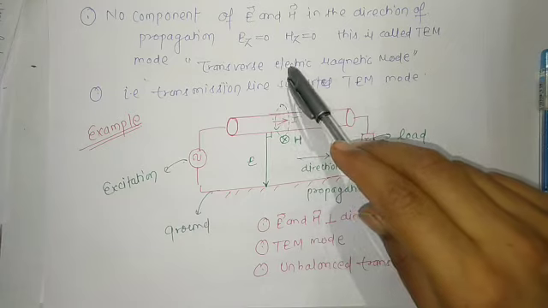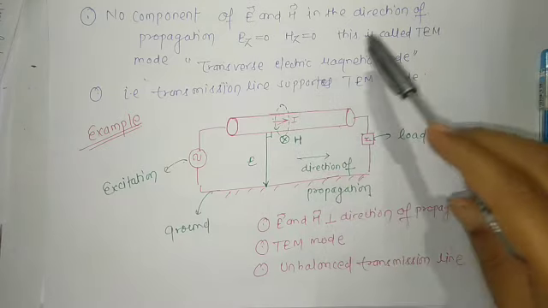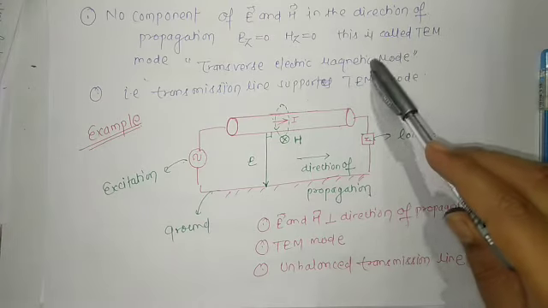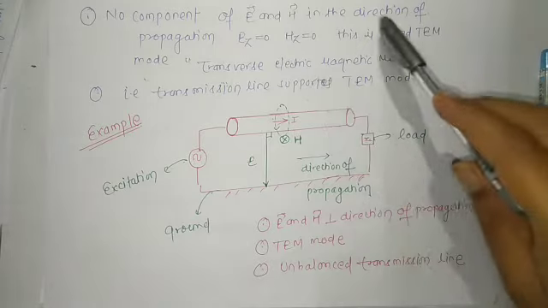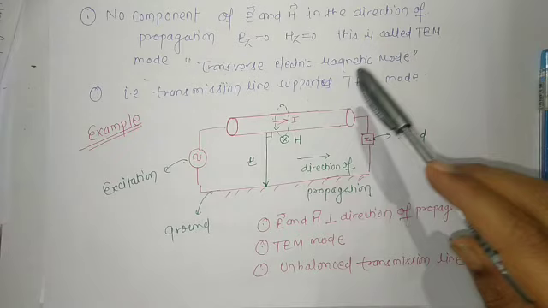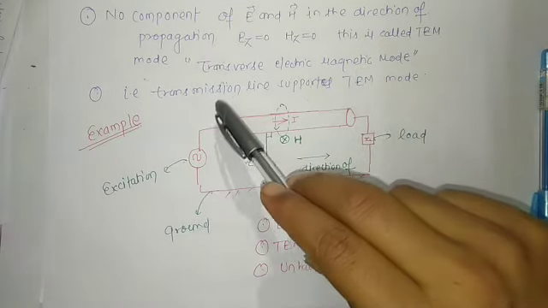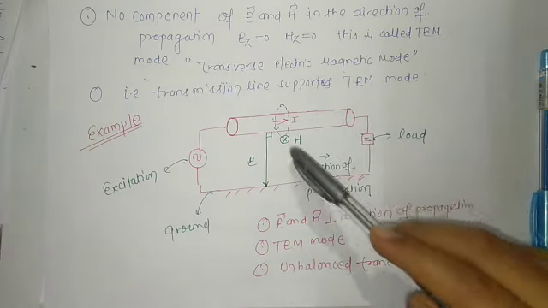Transverse electric means the electric field is perpendicular to the direction of propagation. The magnetic field is also perpendicular to the direction of propagation. So I can say this mode is known as the transverse electric magnetic mode. I can also say that a transmission line supports the TEM mode. Look at this figure.